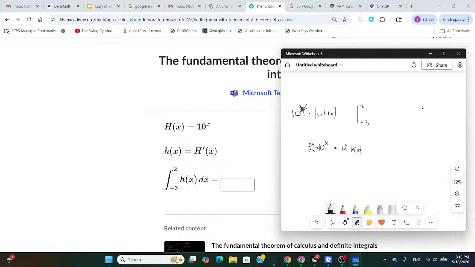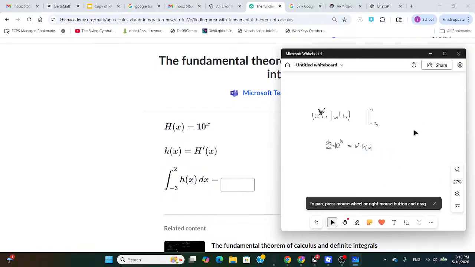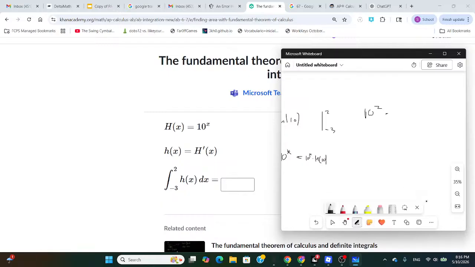10 to the x times ln 10, and then it's the top minus bottom. Am I right? Crap. What's the top? Oh, 2. 10 squared times ln 10.